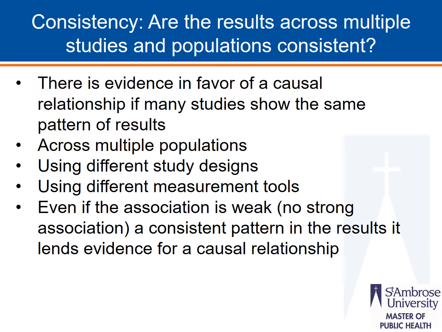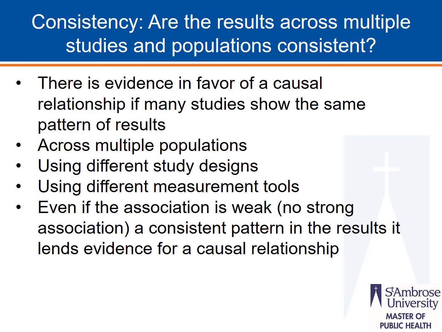The next argument on the list is the concept of consistency when you're talking about evaluating a causal relationship. Are the results across multiple different epidemiological studies and multiple different populations and over time all consistent?